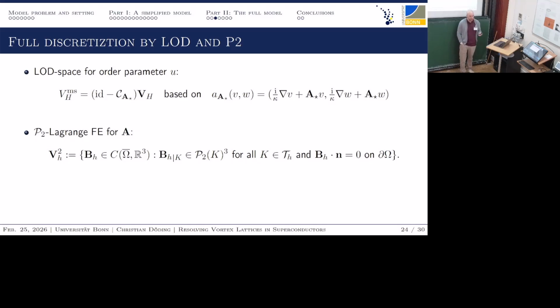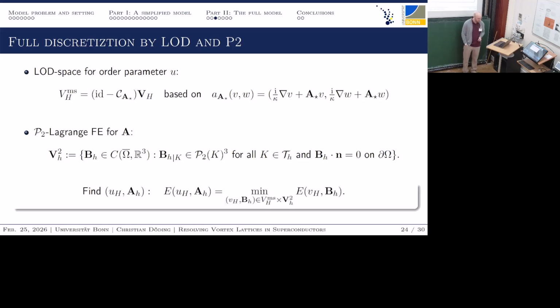But actually, it's not that important what you choose for the A. You can say take P1, or maybe if you work on non-convex domains, you might take Nedelec elements or something like this. So you can do it essentially. And then my problem that I need to solve numerically reduces to minimizing the energy on these approximation spaces, and that's the characterization of a discrete minimizer.